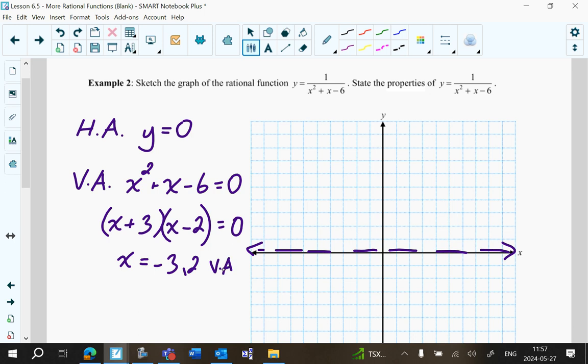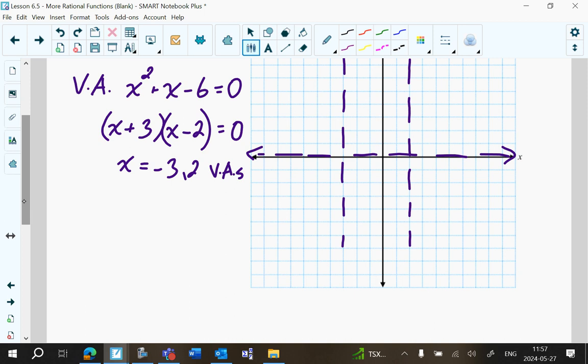So we're going to have the same shape that we had on the previous one. It's going to look like this. What did I call it?